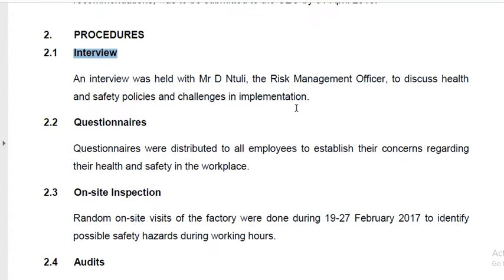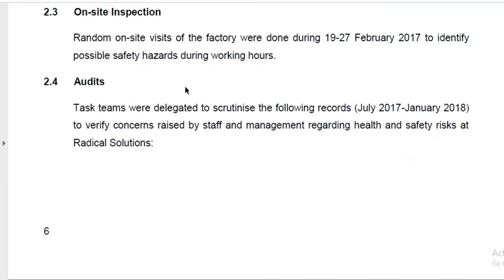Random on-site visits of the factory were done during the 19th and the 27th February 2017 to identify possible safety hazards during working hours. All right, 2.4, audits.